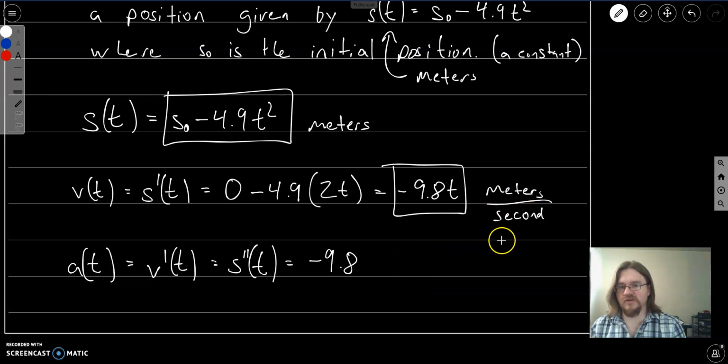Okay, so what are our units? Well, we're looking at change in velocity, and velocity was measured in meters per second.